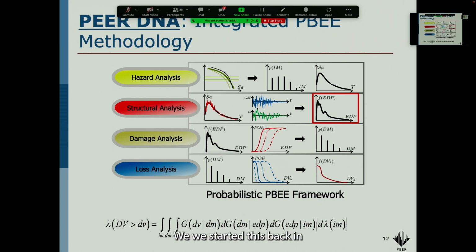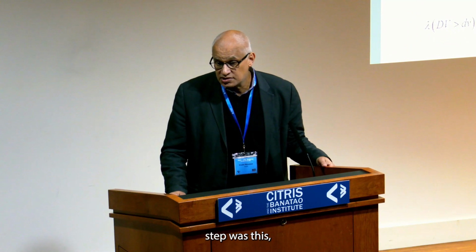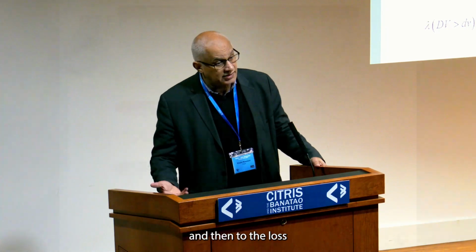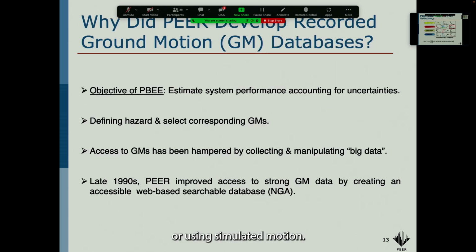We started this back in the mid-90s, and it still continues to be what PEER does, looking at performance of our built environment, starting with the most important step, which is the hazard analysis, and then going to the structure analysis, to damage analysis, and then to the loss estimation, using this famous, now iconic, triple integral that puts a unified foundation of how these four steps come together. Certainly the hazard analysis is a very important step, whether it's done using recorded motion or using simulated motion.